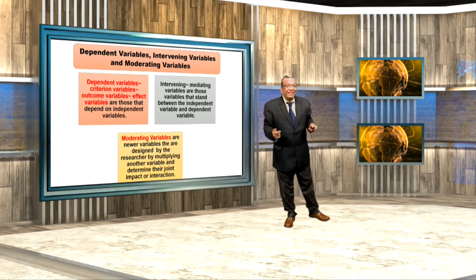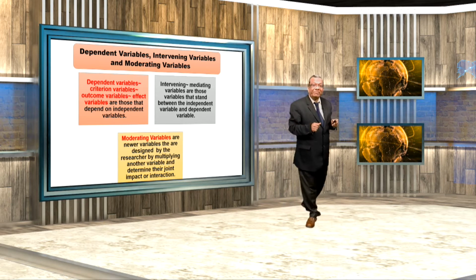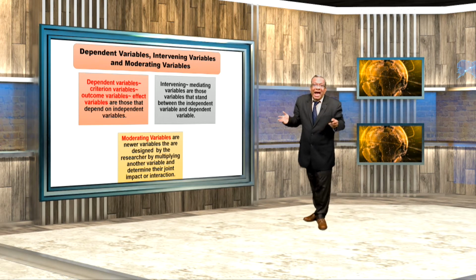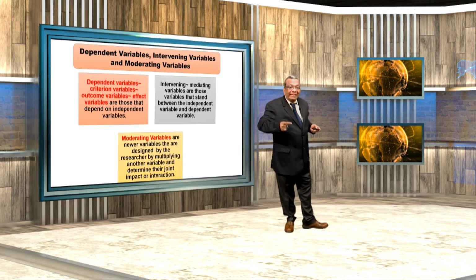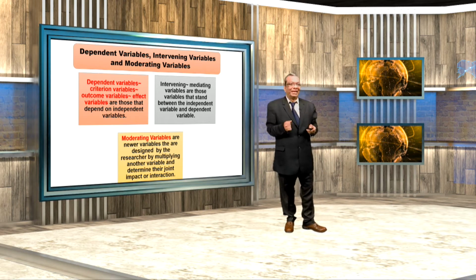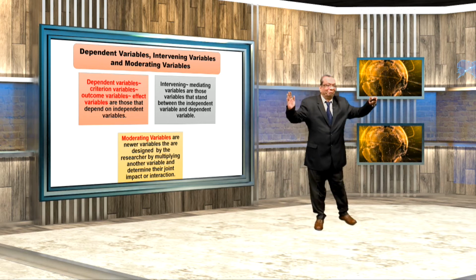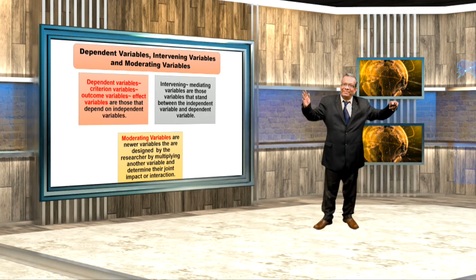They are mediating variables that stand in between them. And there is another set of variables known as moderating variables, which are newer variables designed by the researcher by multiplying another variable and determining their joint impact on interaction. Here, please understand, the mediating variables are those in between the independent and dependent variables.